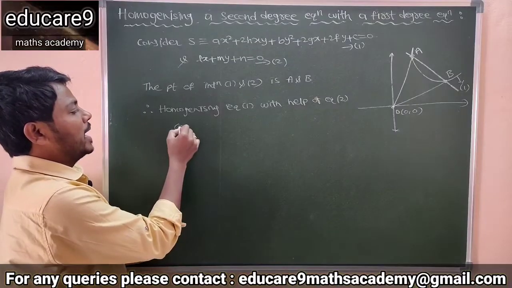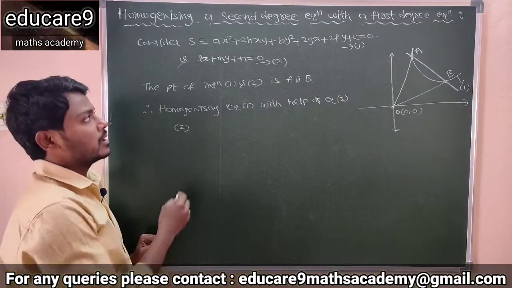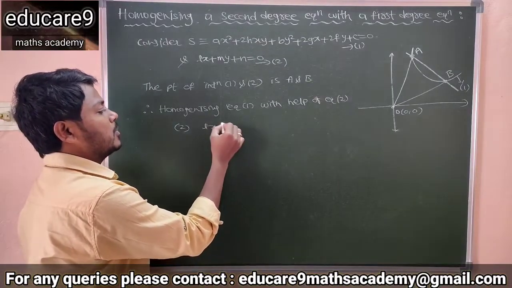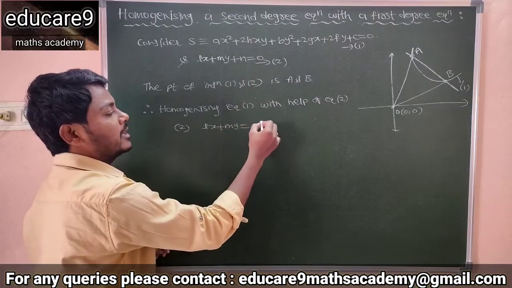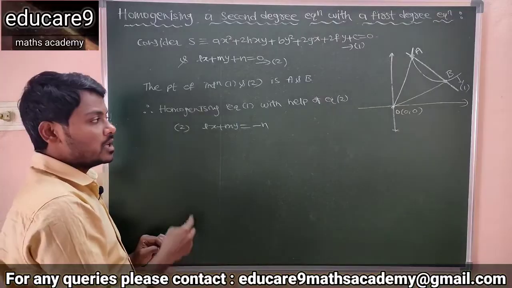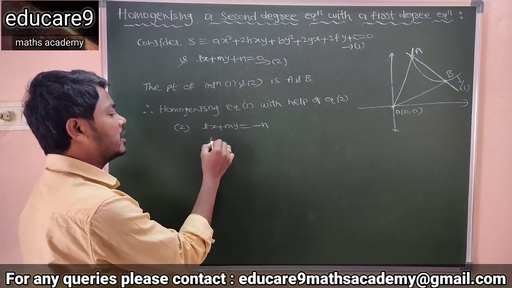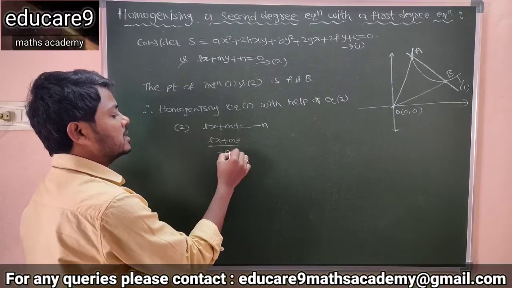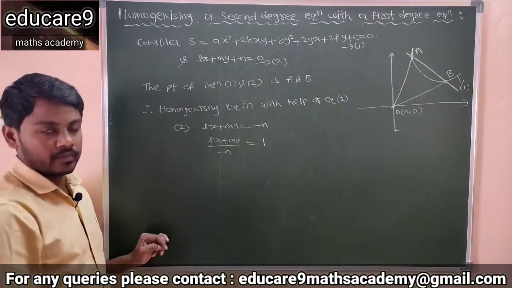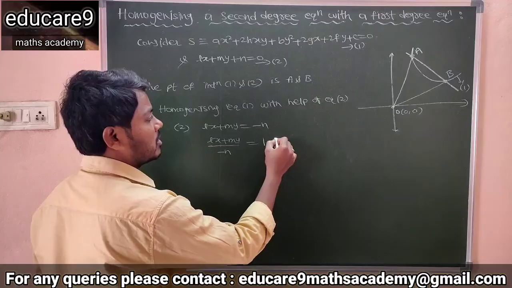We have to make equation 2 as: Lx plus My equals, sending N to the right side, it becomes minus N. So divide by minus N, what you get? Lx plus My divided by minus N equals 1. So this is equation 3.